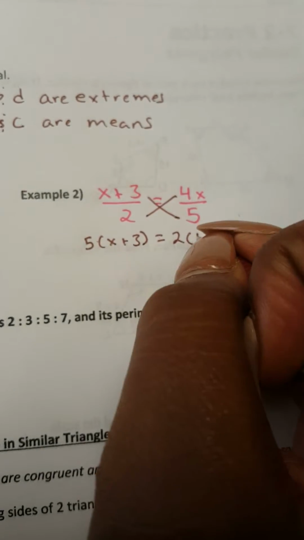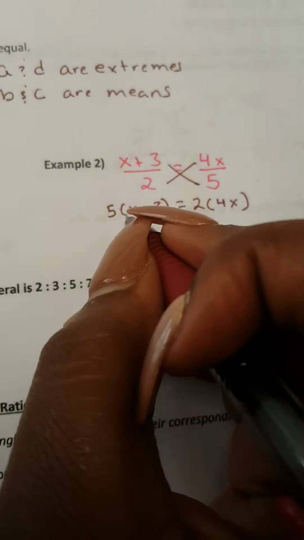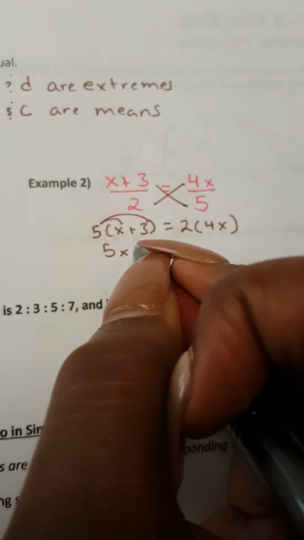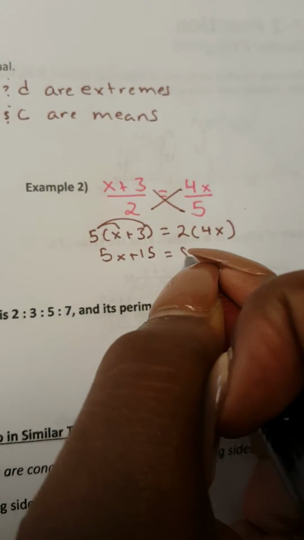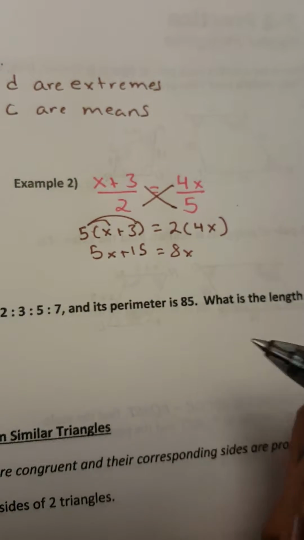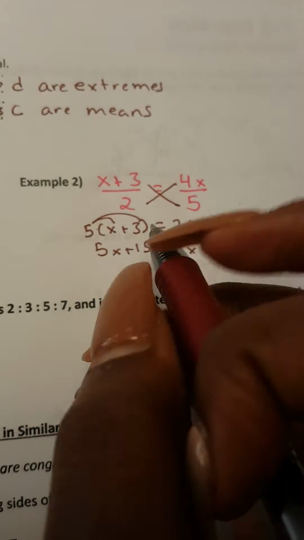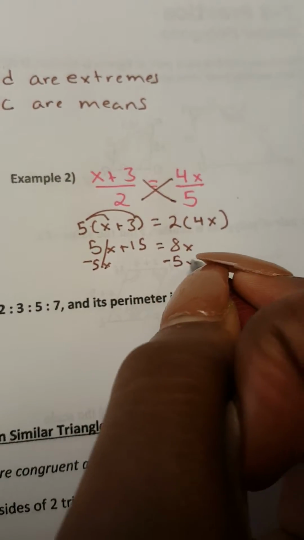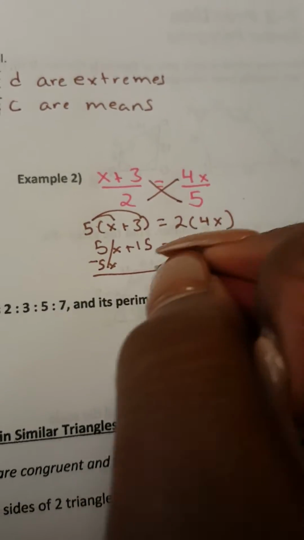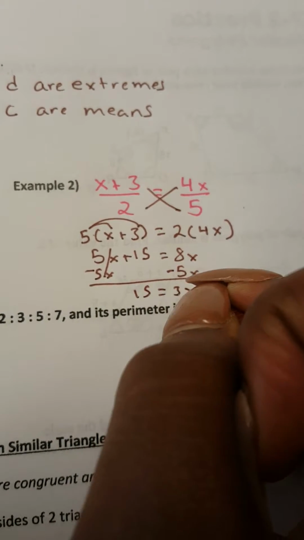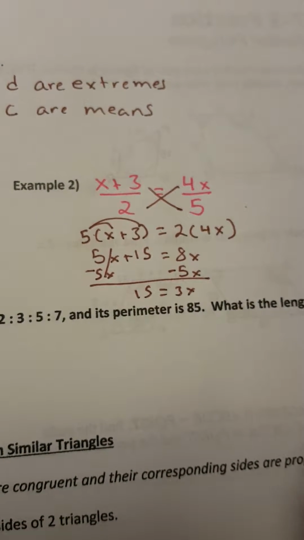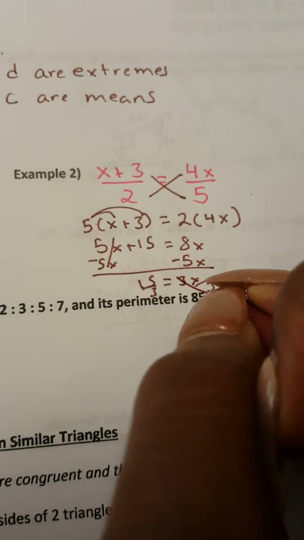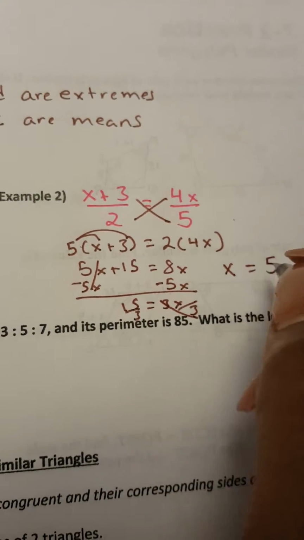And 2 times 4x. So that's going to give me 5x plus 15 equals 8x. Subtract 5x on both sides. So you're left with 15 equals 3x. Divide by 3. So x equals 5.